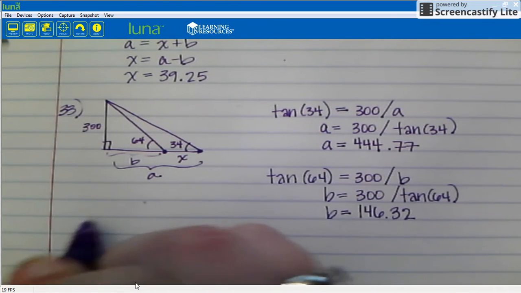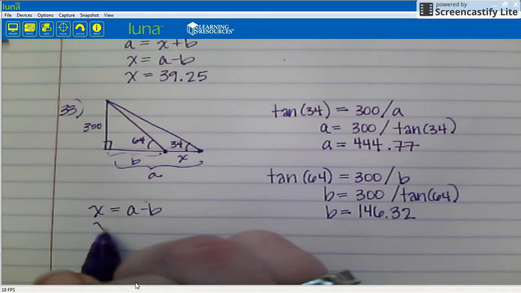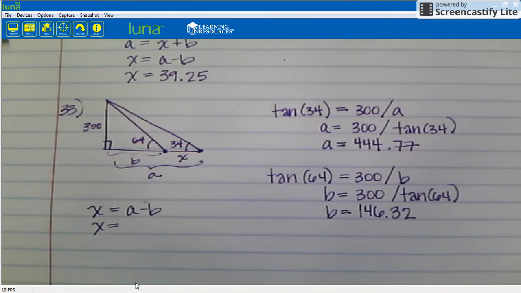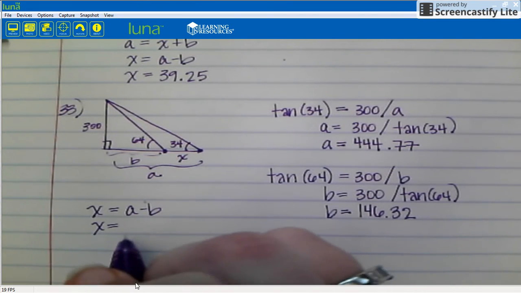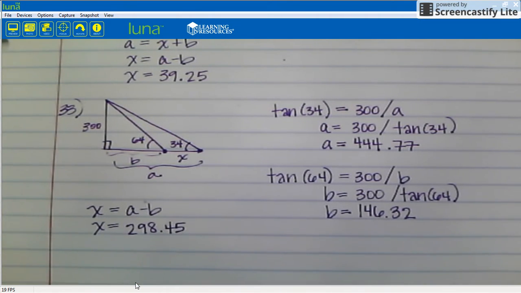So again, to find X, I'm going to subtract A minus B. And I have 444.77 minus 146.32. And X is going to be approximately equal to 298.45. Clearly my picture is not drawn to scale.